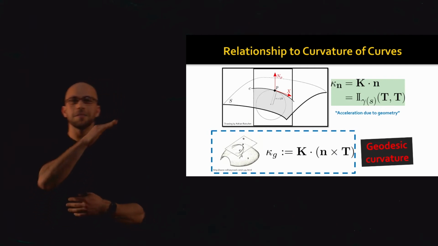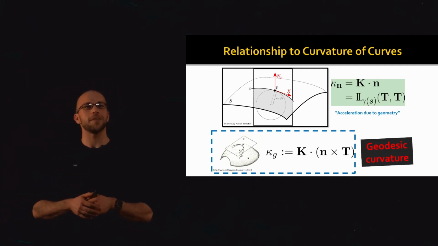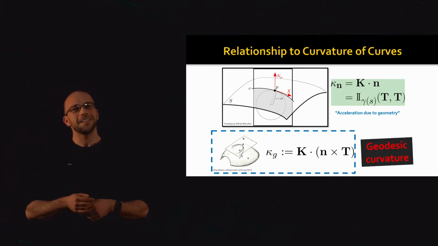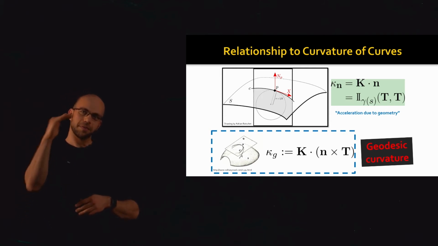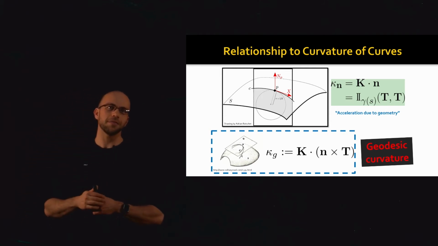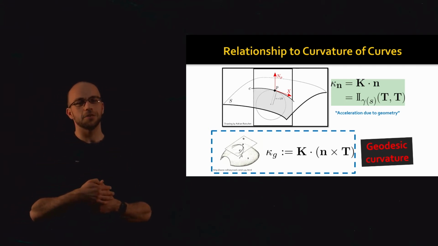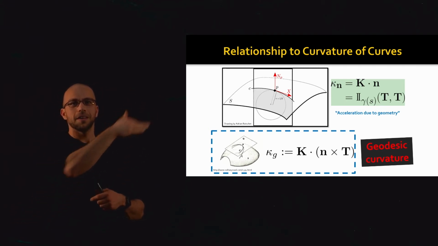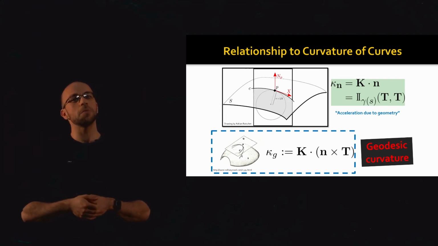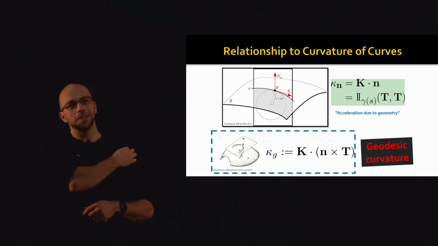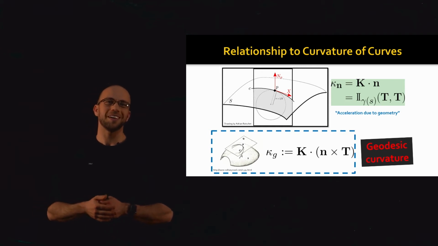But now here's a better picture of exactly the same phenomenon I already talked about. Essentially, we can take the curvature vector of our curve drawn along the surface and take its acceleration and divide it into two pieces. The first one is the acceleration in the normal to the surface direction, which again is the acceleration due to geometry.